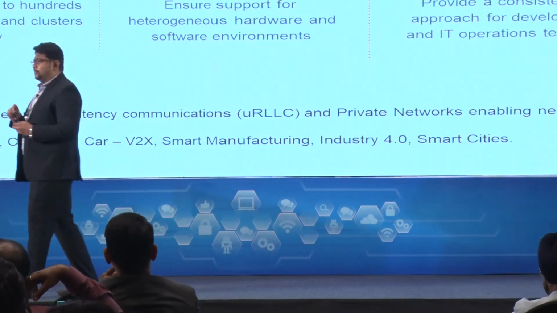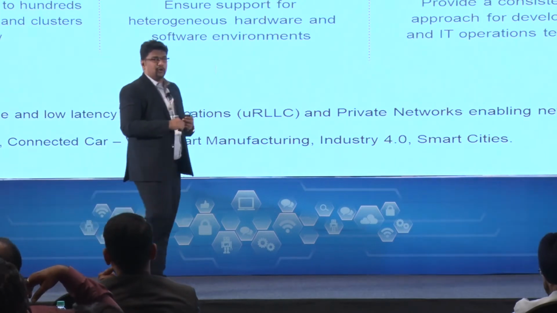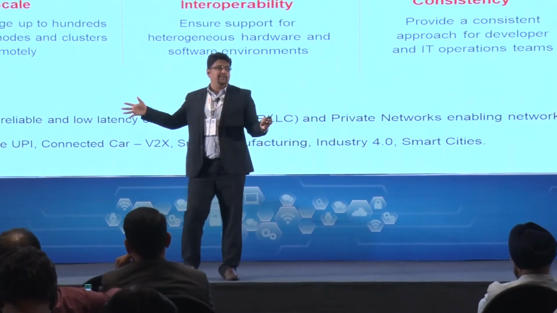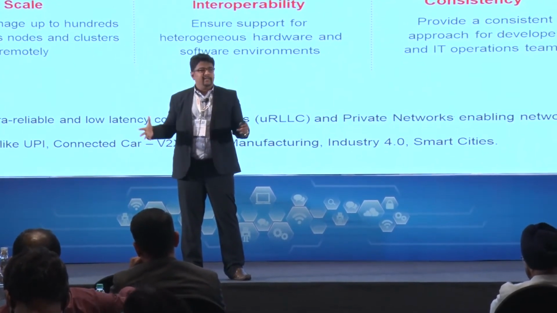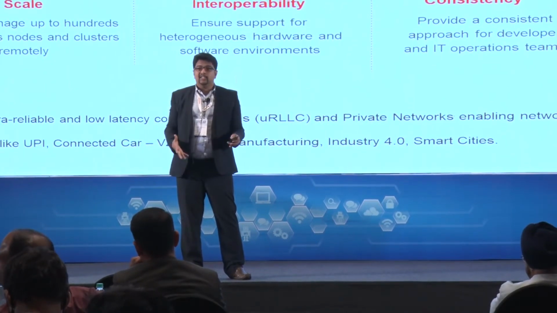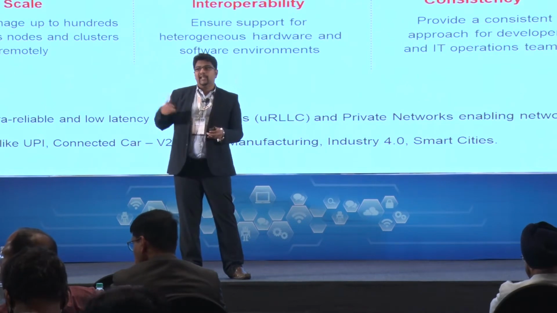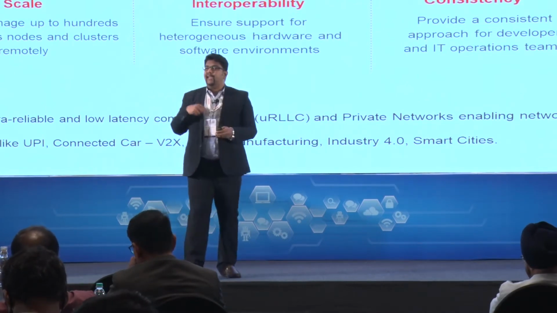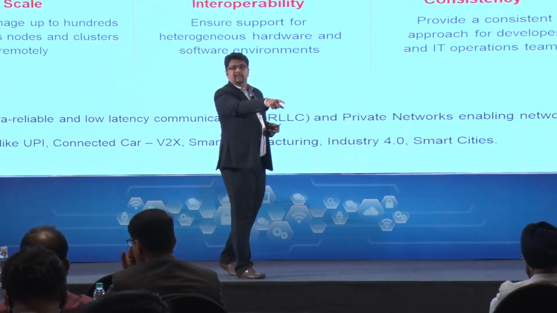And what is happening from an architecture perspective, I'm sure most of you would be aware, is this V2X architecture, which is vehicle to anything. Today, vehicles are instrumented, which means they are interconnected, which means they're intelligent because they have data. And this data can relay. If you bring the smart city components to this, the vehicle can talk to a smart pole. The vehicle can talk to a pedestrian, right?